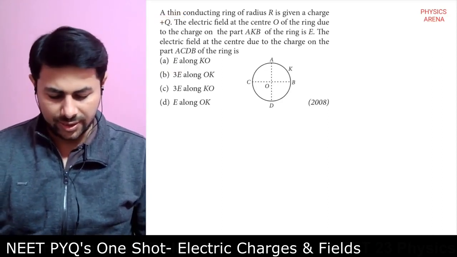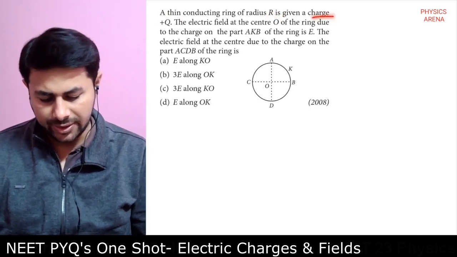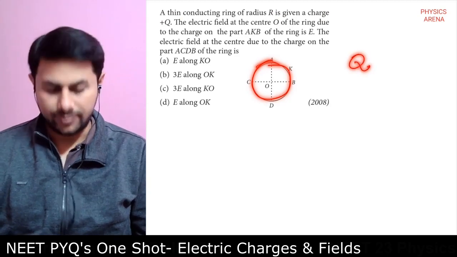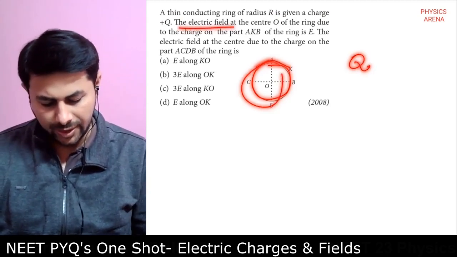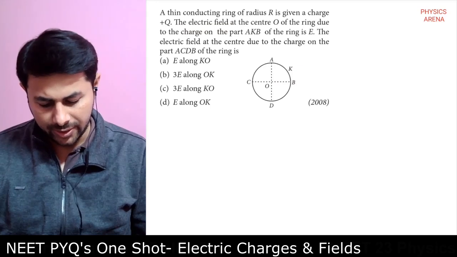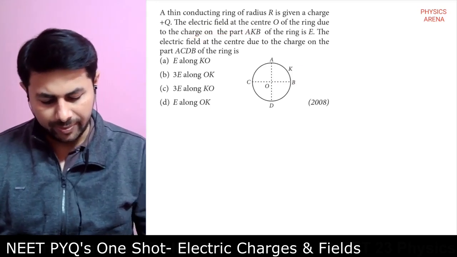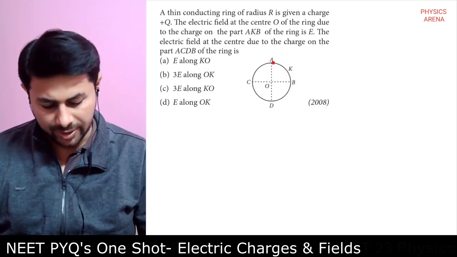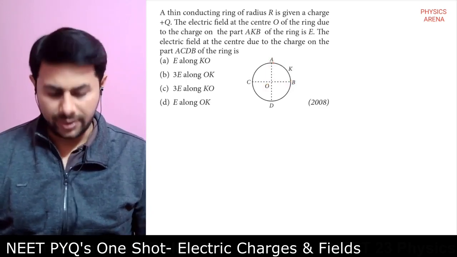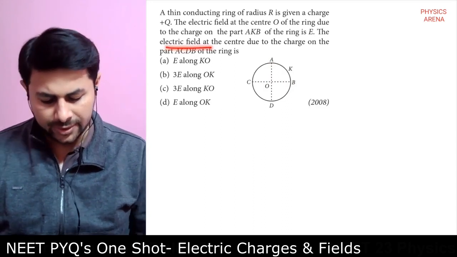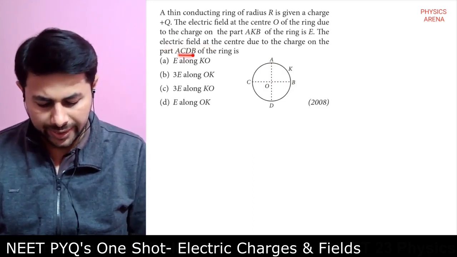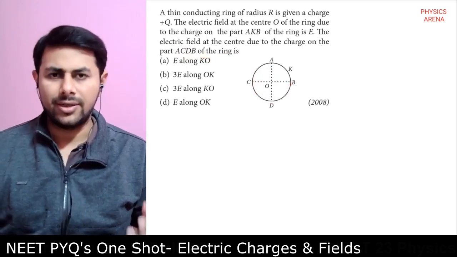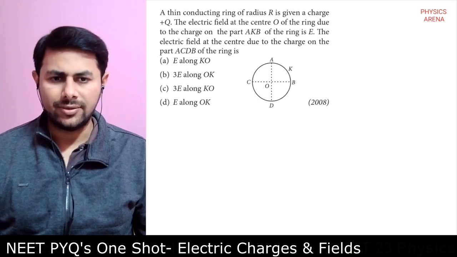A thin conducting ring of radius r is given a charge plus q. So you have given charge plus q to this ring. The electric field at the center O of the ring due to charge on part AKB is E. Okay, the electric field due to this part at the center is E. The electric field at the center due to charge on part ACDB of the ring is... Can you guess?